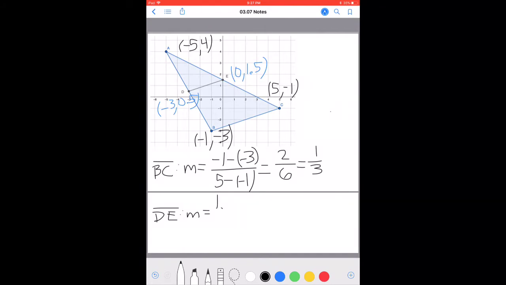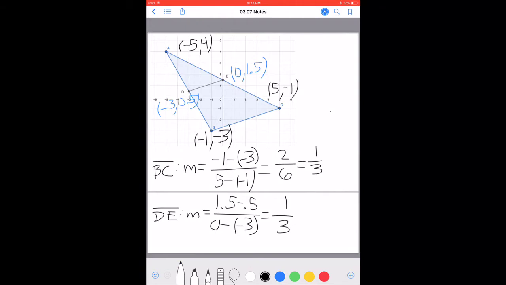So 1.5 minus 0.5 all divided by 0 minus -3. So on top we would get 1, on the bottom we would get 3. No need to simplify here because it's already as simple as it's going to get. So we get 1/3 and 1/3 are our slopes.